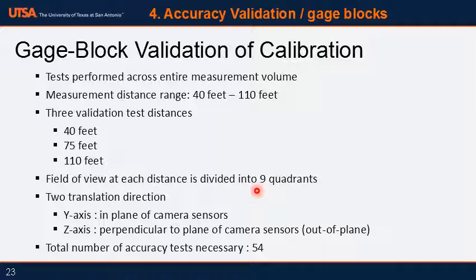And we also measure it in the y-axis, or the xy plane, and the z-plane, which is the outer plane direction. So if you take all these 3 distances, 9 quadrants, 2 directions, you actually get 54 different measurements that we put together to give an accuracy measurement of the entire volume.